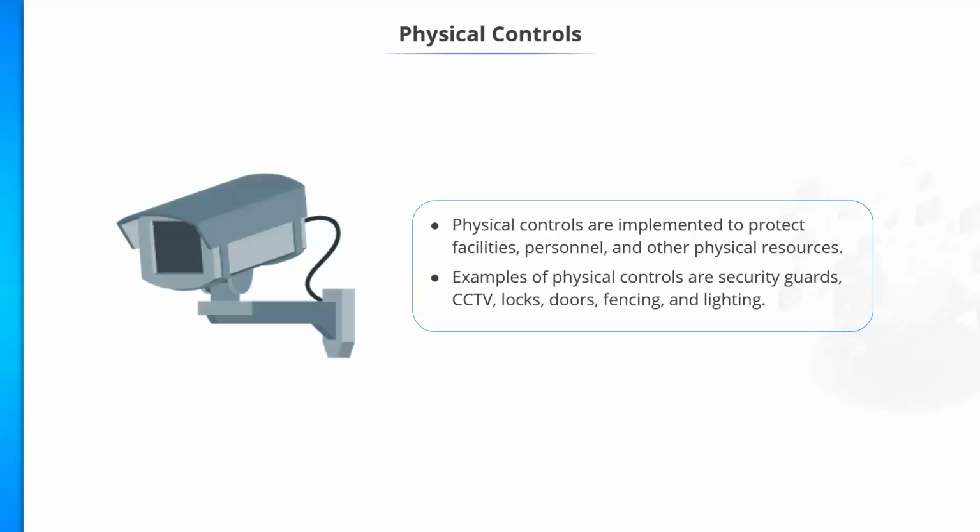Then we have physical controls. Administrative control, we will do it today only. Physical controls are the controls which are used to protect your physical resources: locks, fences, lighting, doors, CCTV cameras, fire extinguishers, fire detectors.